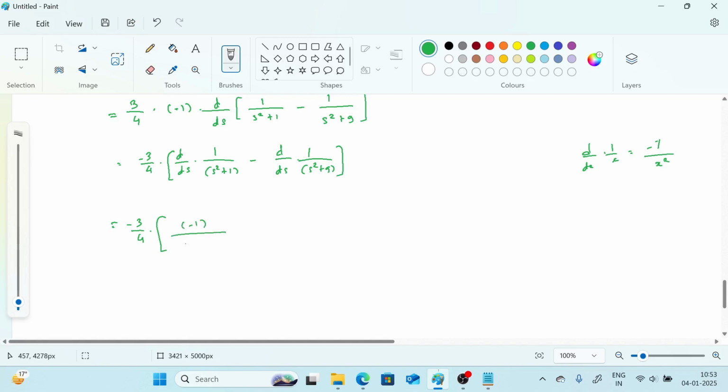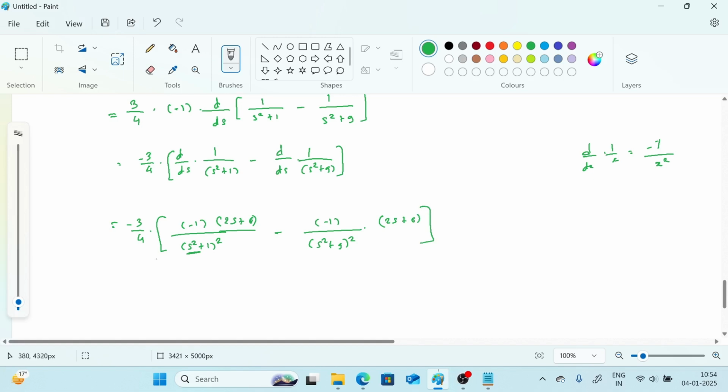Minus 1 upon (s square plus 1) bracket square, and derivative of this s square plus 1 will be 2s plus 0, right? Minus 1 upon (s square plus 9) bracket square into derivative of this term will be 2s plus 0.